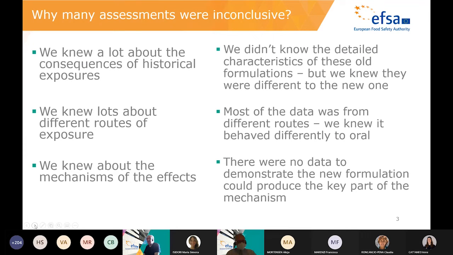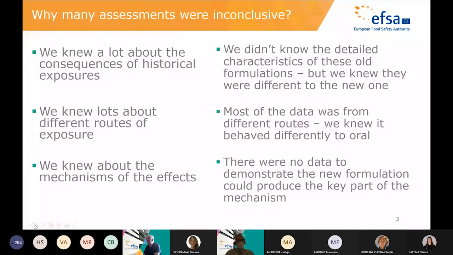So in this particular example, we knew lots about the consequences of historical exposures. This material in various forms had been around for 100 years or so. We knew lots about different routes of exposure. It behaved differently when it was used on the skin or in oral exposure.